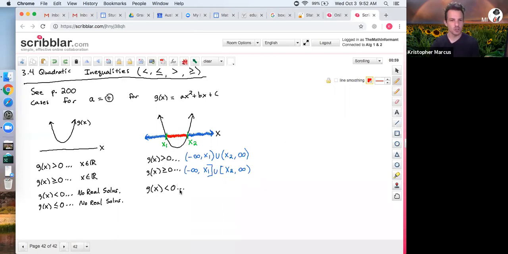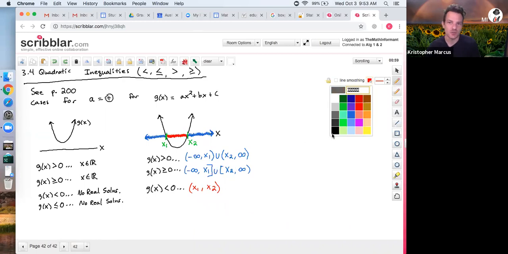So the solution for being less than 0 represents any x's in this stretch that spit out these negative heights of the quadratic, which means we can go from x1 up to x2, but we don't include the endpoints because the endpoints create a height equal to 0.